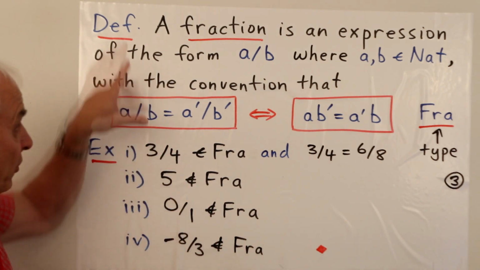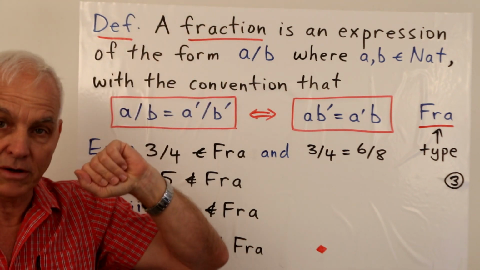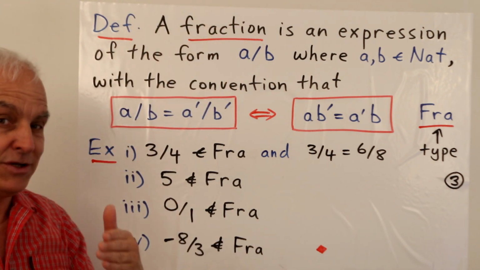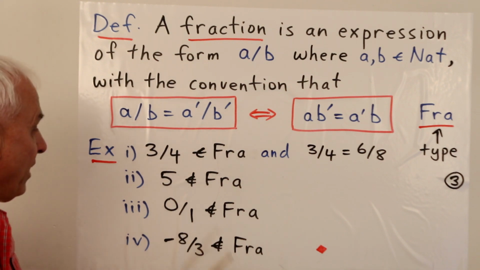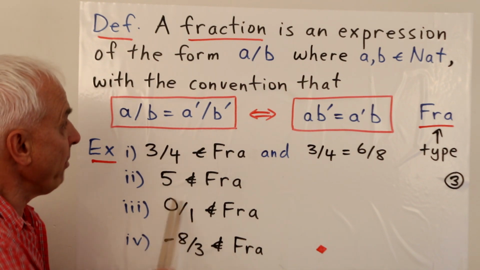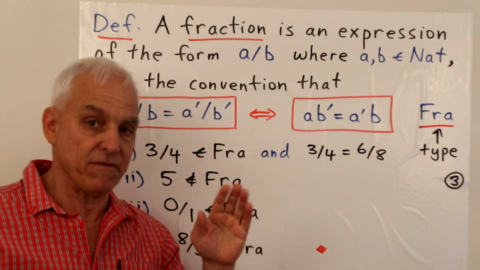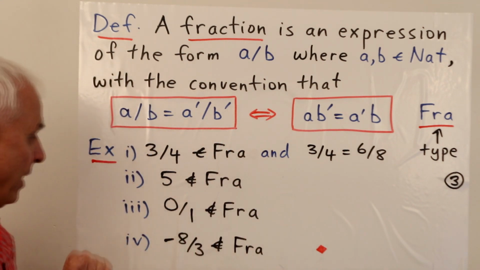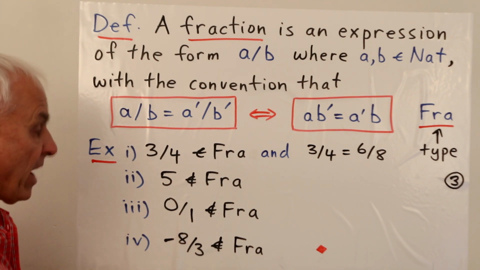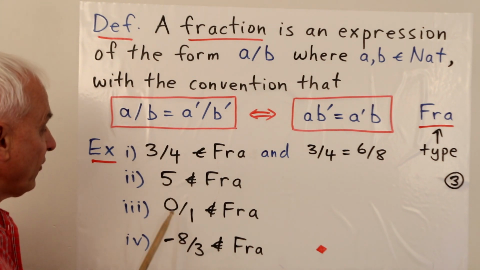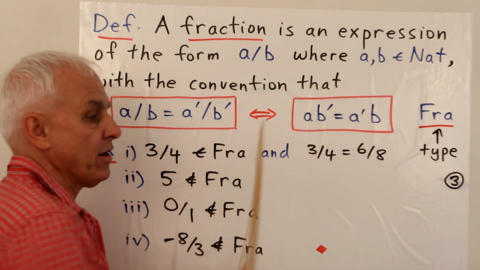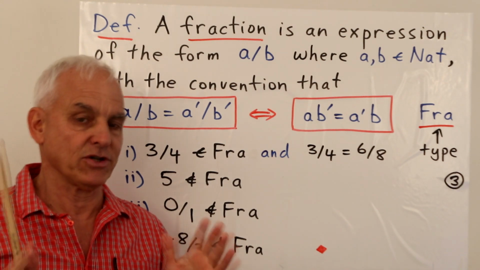Does this fulfill the requirement of the definition? Obviously, the answer is no, it's not. This is just a single natural number. To get a fraction, we need two natural numbers separated by a forward slash. How about 0 over 1? Is that a fraction? No, it's not, because 0 is not in our natural number system that we're starting with.